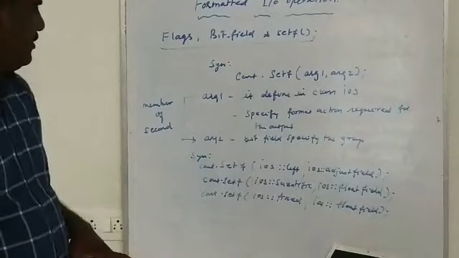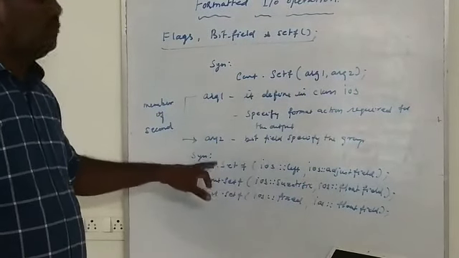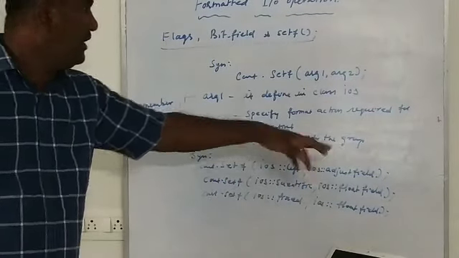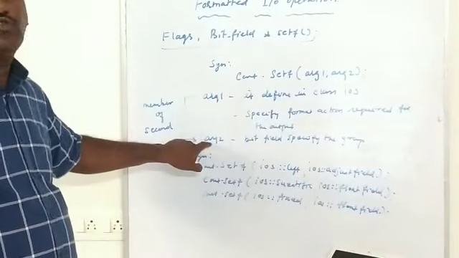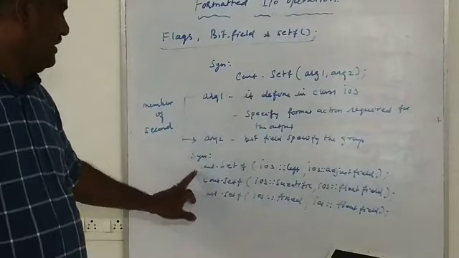Next, argument 2 is a bit field that specifies the group. Argument 1 specifies which group.